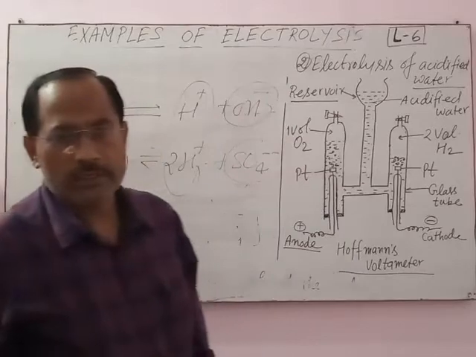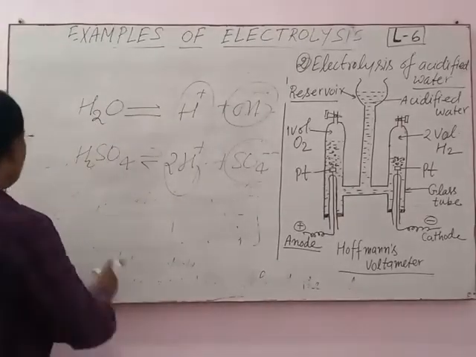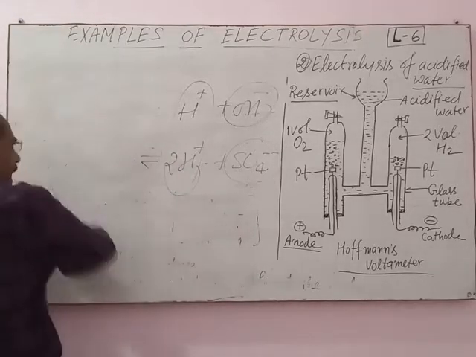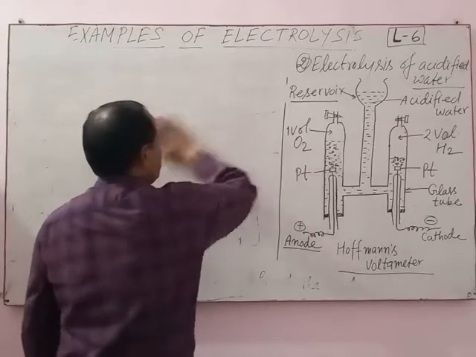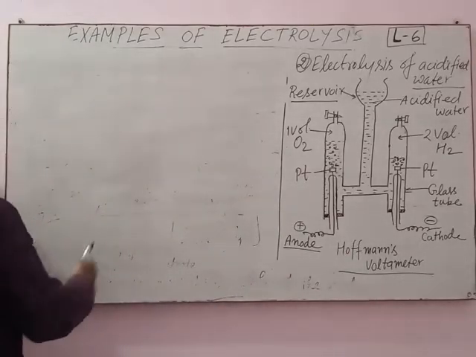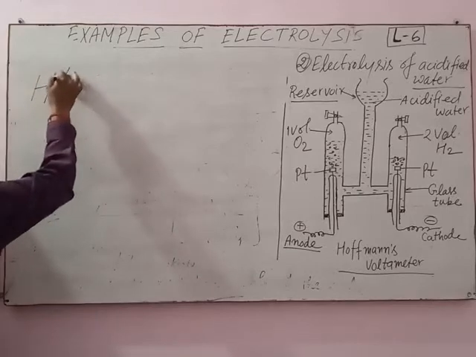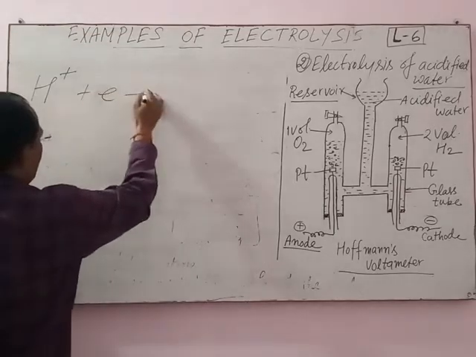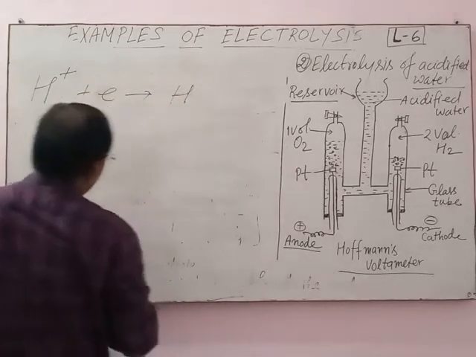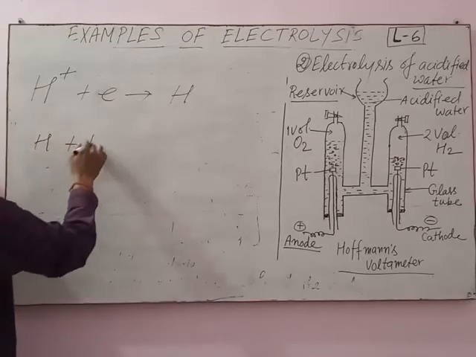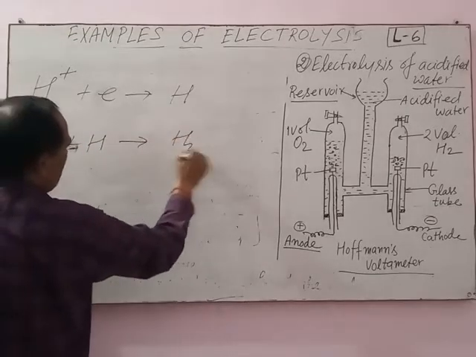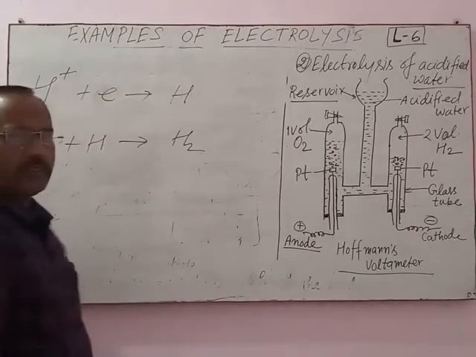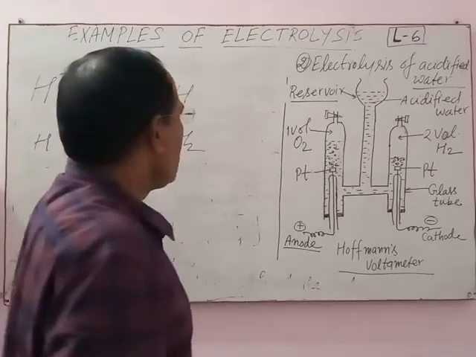Cations migrate towards the cathode, and the chemical reaction taking place at the cathode can be written as: H plus ion takes an electron to form H. H plus H gives H2. This is the reaction taking place at the cathode. Now what happens at the anode?